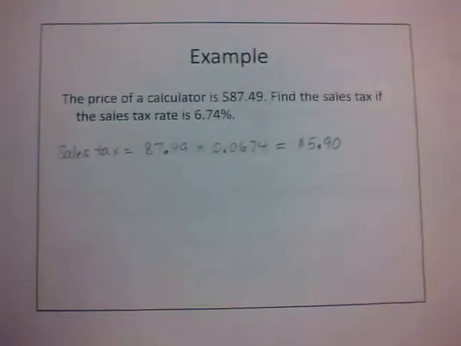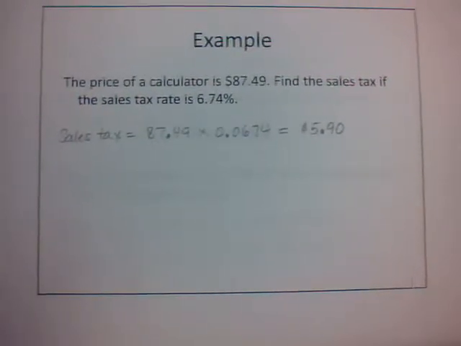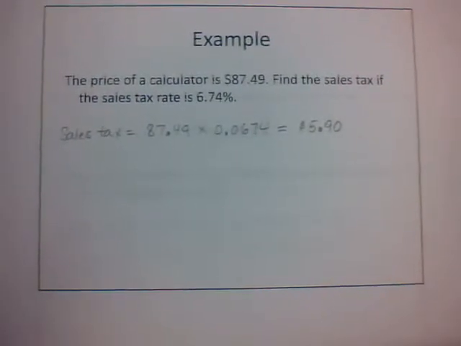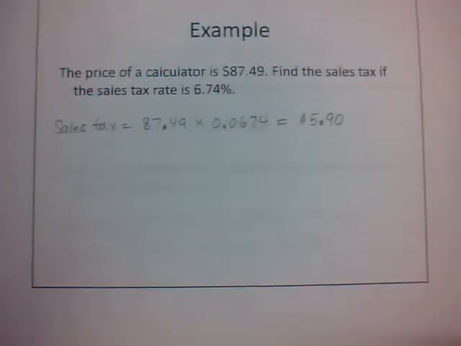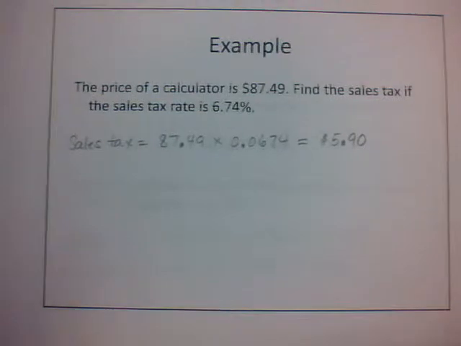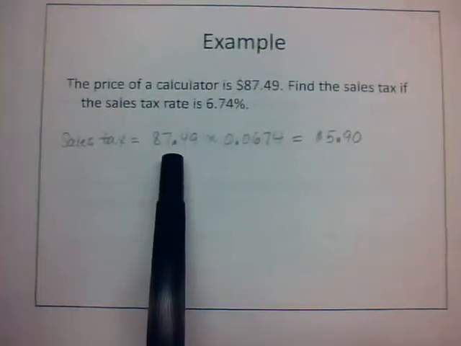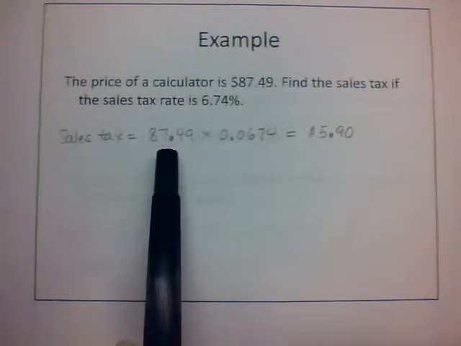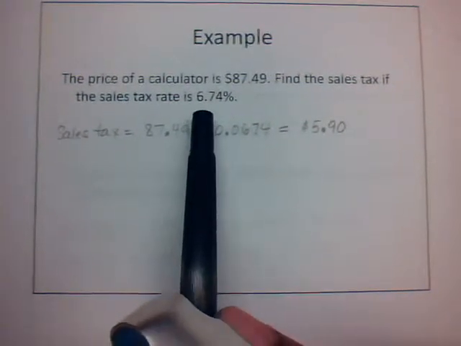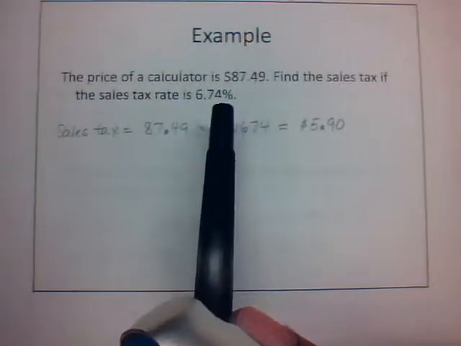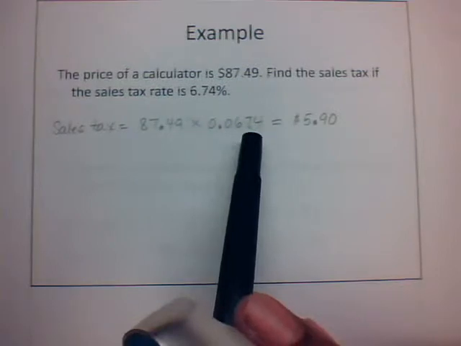Here, the price of a calculator is $87.49. Find the sales tax if the sales tax rate is 6.74%. In this case, the price of the calculator is $87.49. We'll multiply that by 6.74%, but as a decimal, we have to change that to 0.0674.